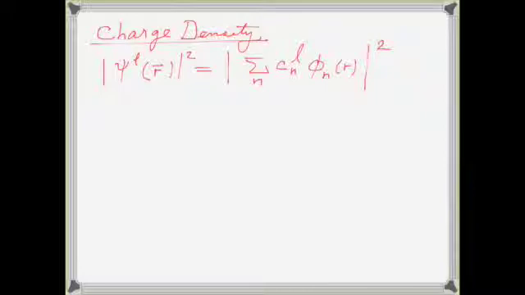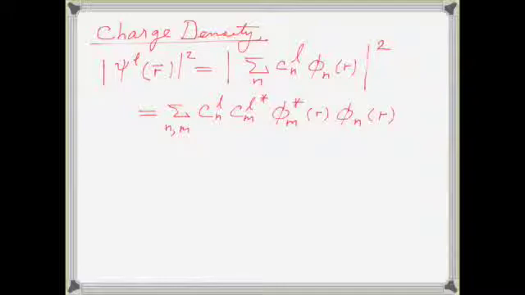And so if I write that out, that's equal to sum NM, C N L C M L star, phi M star bar phi N R. And I'd have the same type of expression for the right injected spectral function, the same form.